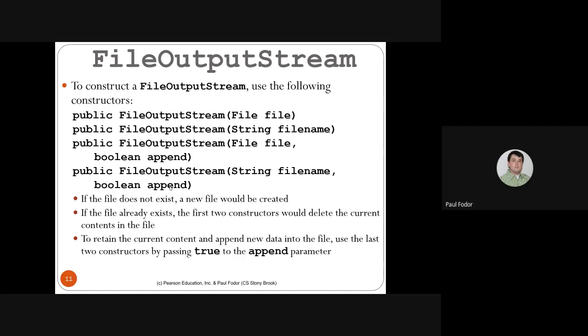If the file doesn't exist, a new file will be created. If the file already exists, then the default is to delete the current content and write over, unless the append parameter, the second parameter, is true, in which case it just continues from the end of the file. And this is used only to write bytes.